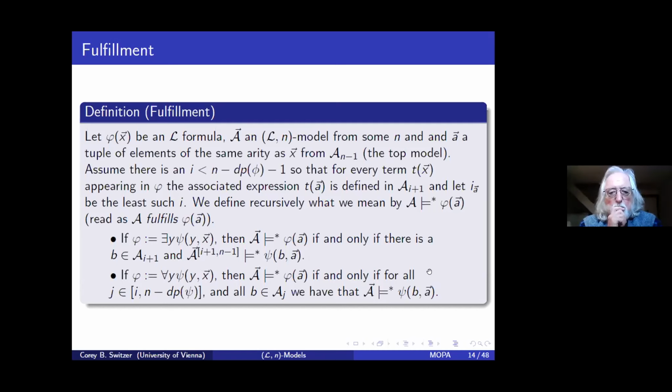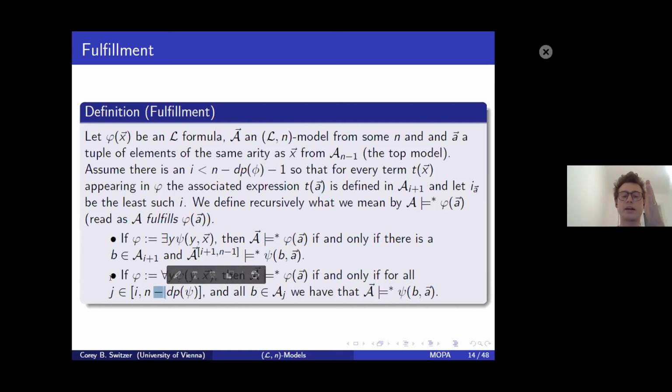So in both of these cases, what goes on is that if I strip off a quantifier, I'm allowed to go up a model. And so we always want to make sure that we're low enough down below n that I can always strip off a quantifier without finding myself up too high, so that I get stuck in this problem that Vika asked a question about.